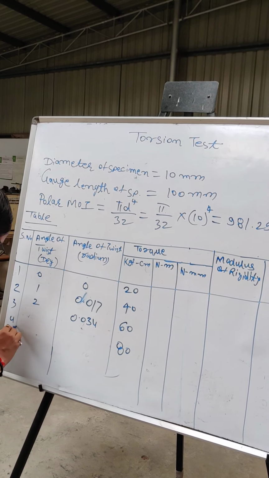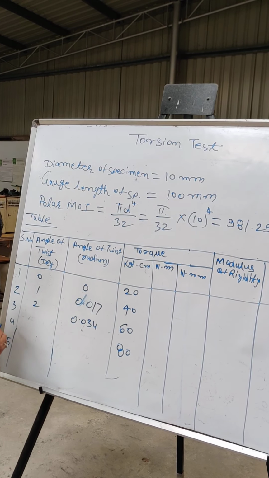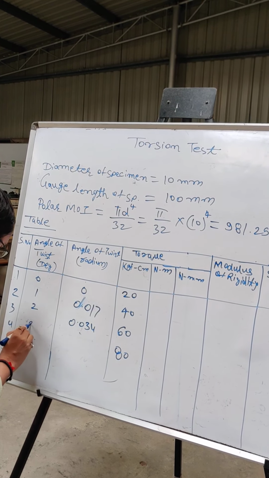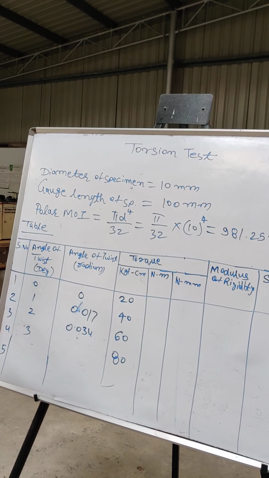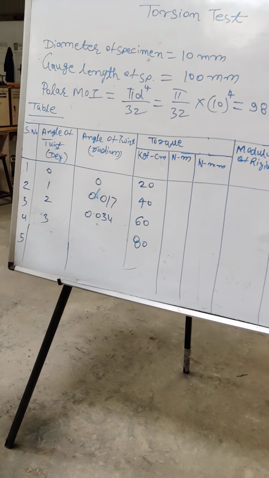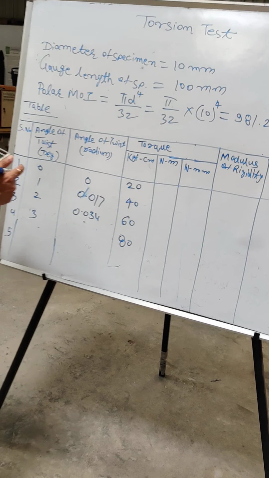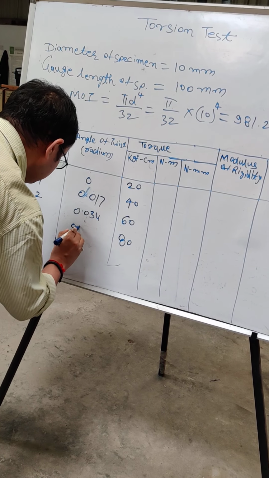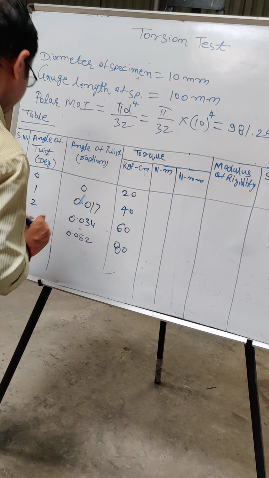Fifth reading, it is 3, so in radian the value is 0.052 radian.